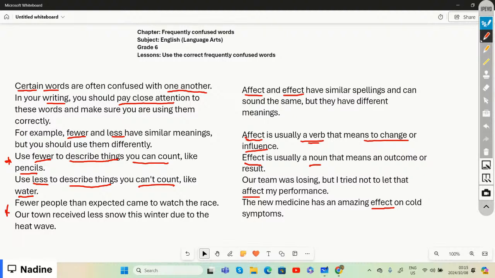All right. So once again, we see that when it comes to frequently confused words, there are certain words that are often confused with another in your writing.